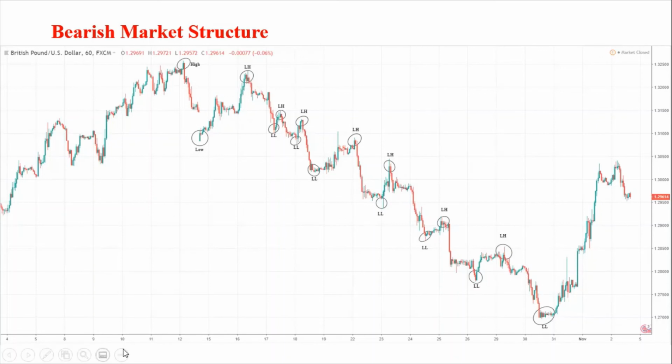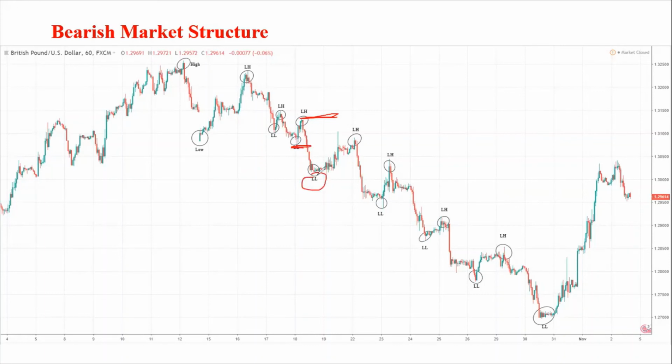So how are you going to determine if that zone is still going to hold? Now let's look properly. The market was at this high here, and the market went to this low here. So this is our lower low. For it to confirm a continuation of the lower low, the market has to break this low to create a new lower low.